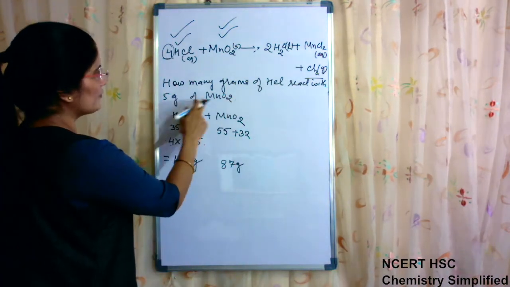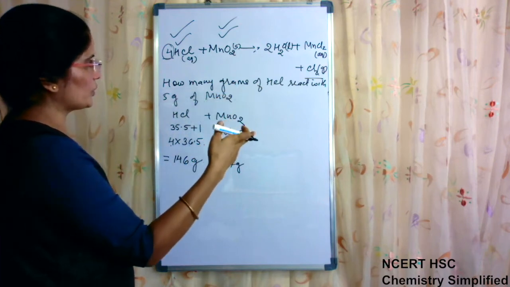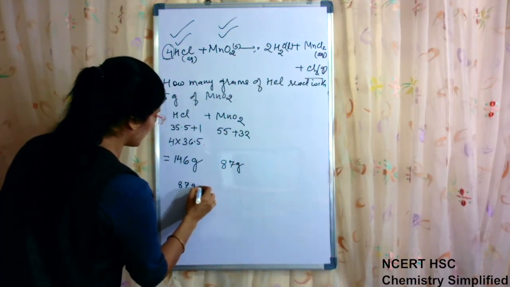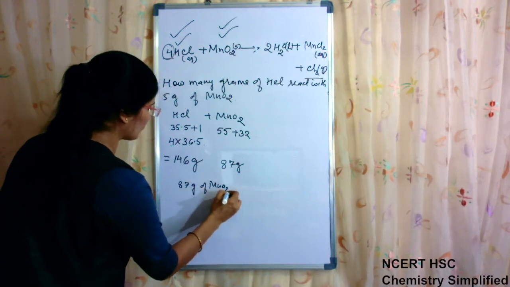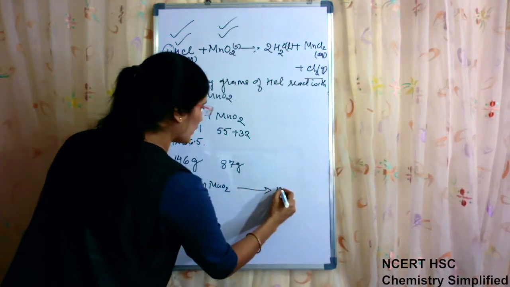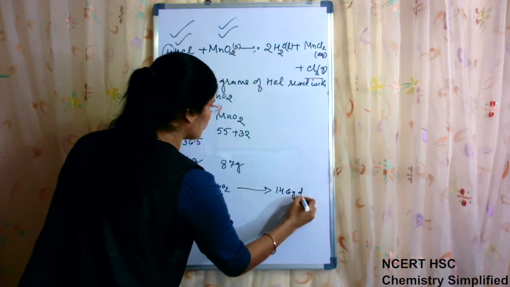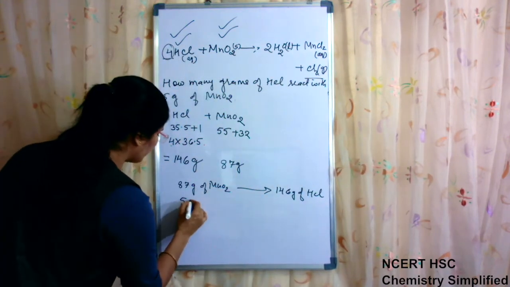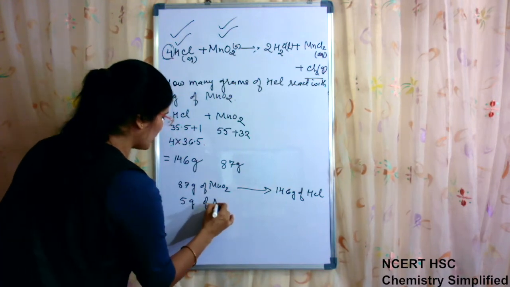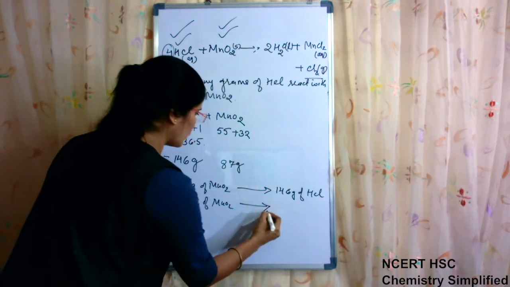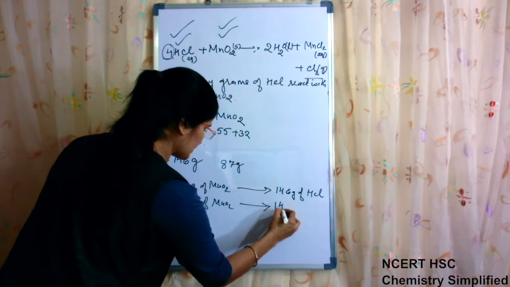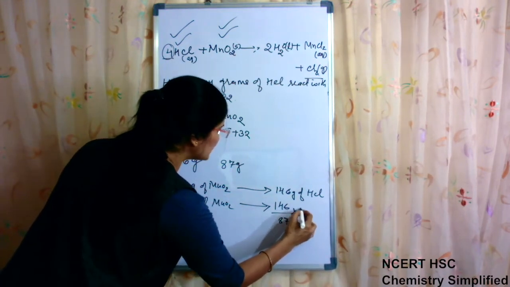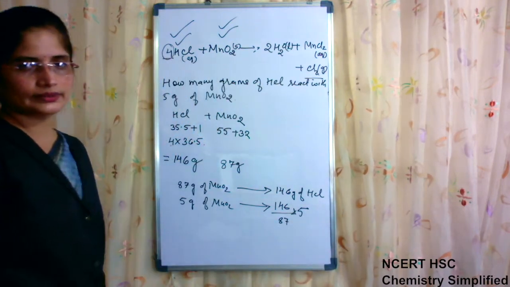Now 5 grams of MnO2 requires how many grams of HCl? So 87 grams of MnO2 requires 146 grams of HCl according to the balanced equation. So 5 grams of MnO2 will require 146 upon 87 multiplied by 5.